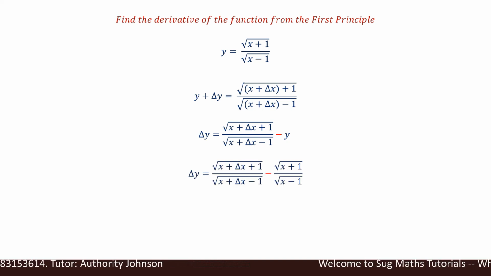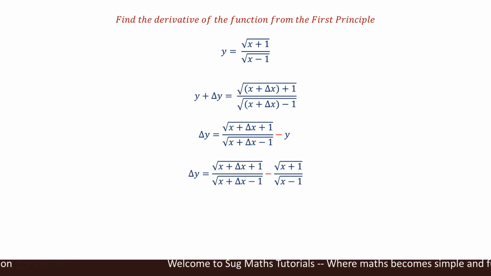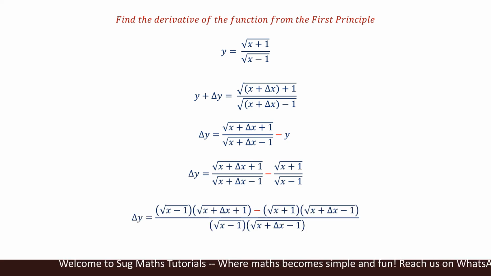Good. Now from here, we have a fraction, right? Now let's combine these two fractions together. To combine these two together, we are going to look for the LCM. LCM is just the product of the denominators, right? So the denominator, we have square root of x minus 1, then multiply by square root of x plus change in x minus 1, right?